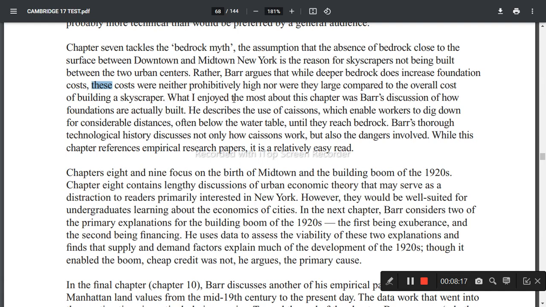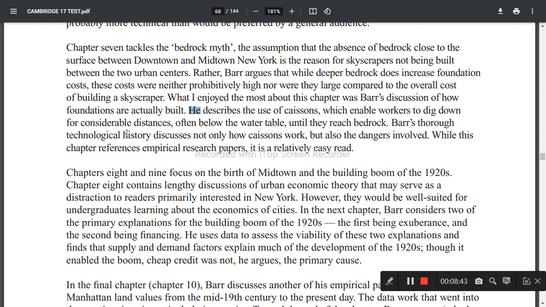What I enjoyed the most about this chapter was Barr's discussion of how foundations are actually built. He describes the use of caissons, which enable workers to dig down for considerable distance, often below the water table, until they reach bedrock.